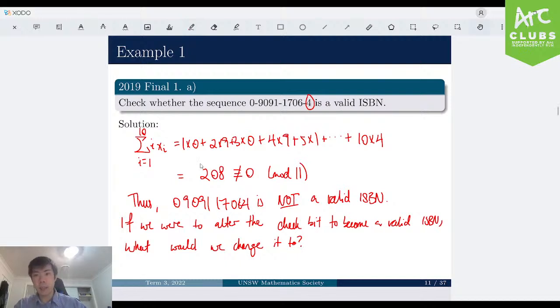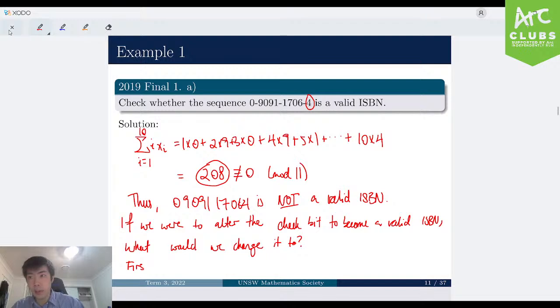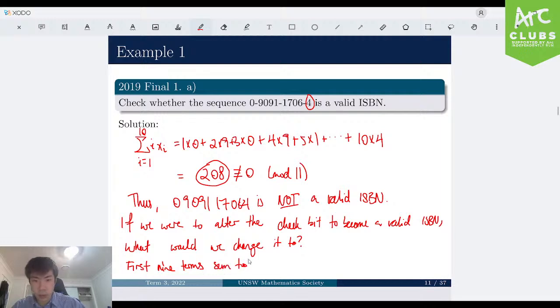Well, to figure that out, it's not too difficult. Essentially, you want to look at the sum of the first 9 terms first. The total is 208, the sum of all 10 terms. So the first 9 terms sum to 208 minus 10 times 4, which is 168.